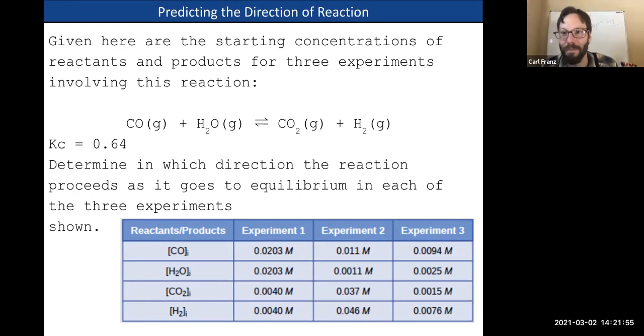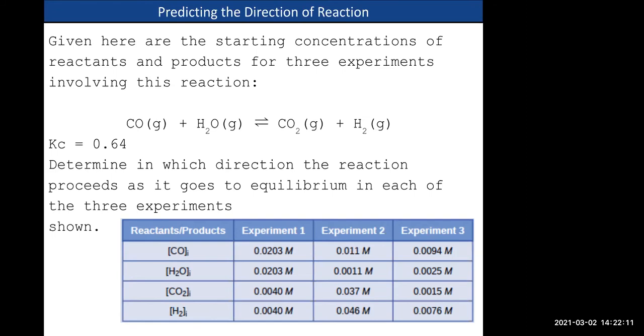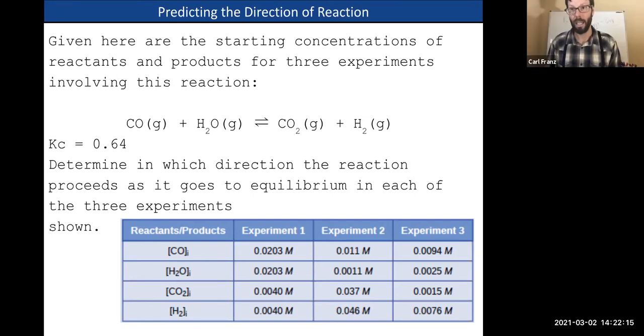So remember what I said. If K is greater than Q, it's going to be what favored? You guys remember? Product. If K is greater than Q, it's going to be product. If K is less than Q, reactant.